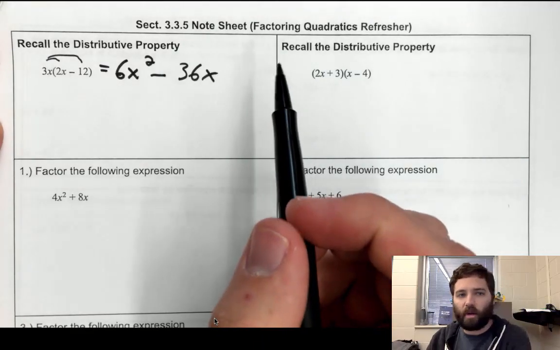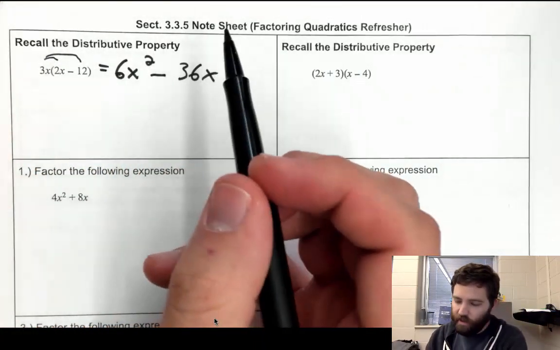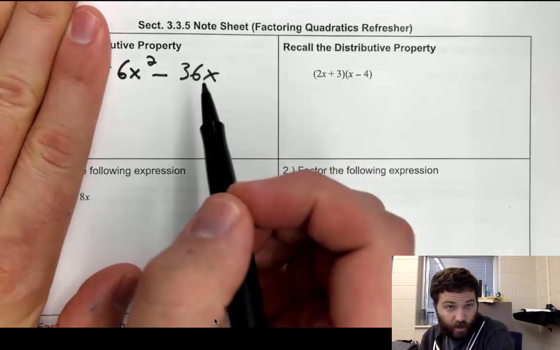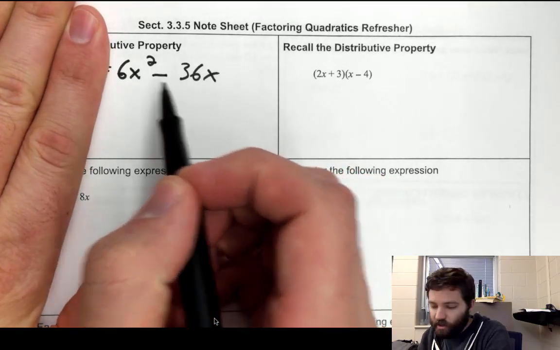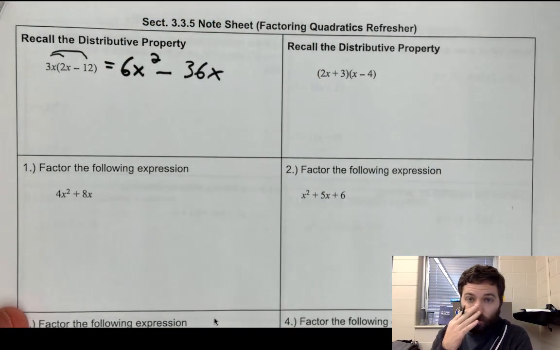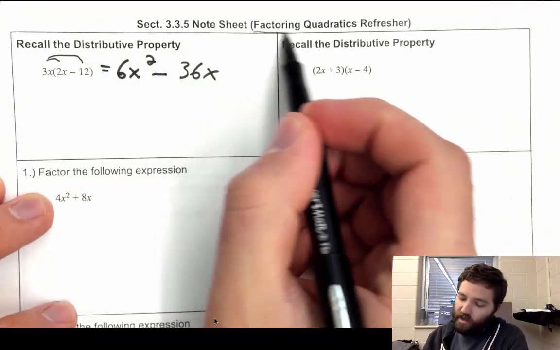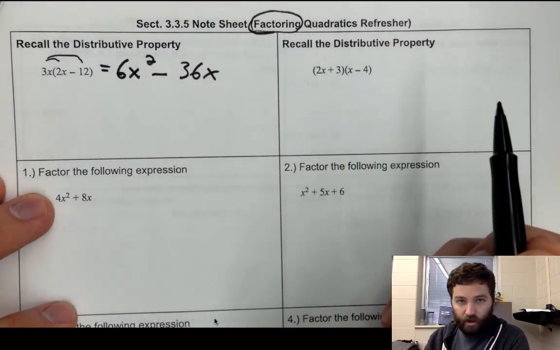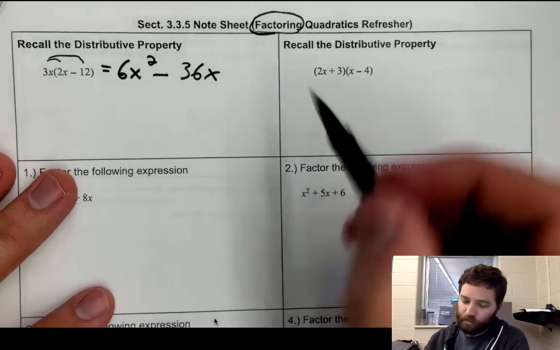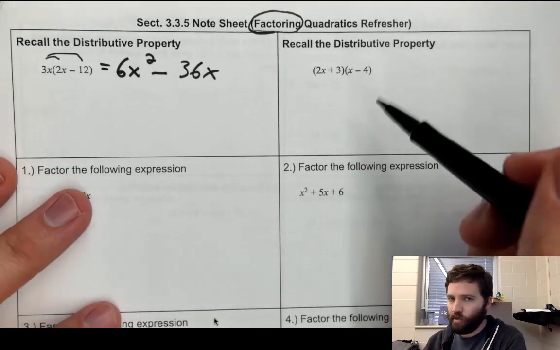Okay? And what I want you to take away from this is that these are equivalent expressions. In other words, if I gave you just this, you should be able to work back to that. Okay, the 3x times 2x minus 12. So that's in fact what factoring means. It's really undistributing.